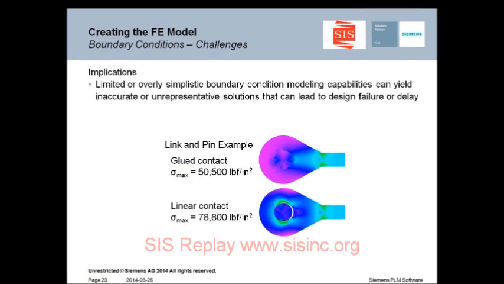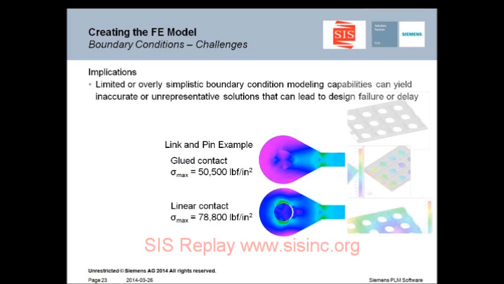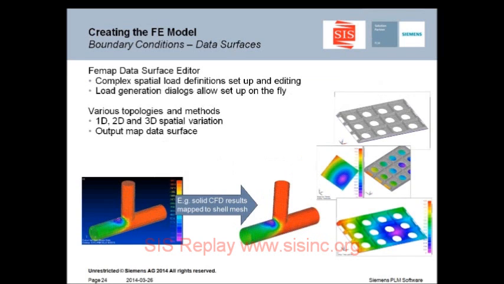That might not actually be what we wish to represent. In the bottom model here, we've set it up so that it's a linear contact, so the link has the ability to pull away from the pin without load transfer. So it's really only a bearing force on the left-hand side of the pin that's transferring load. And you can see this simple example can give you completely different answers. So it's something to be vigilant about. It's very easy to get the wrong answers if you're not careful about boundary condition setup.